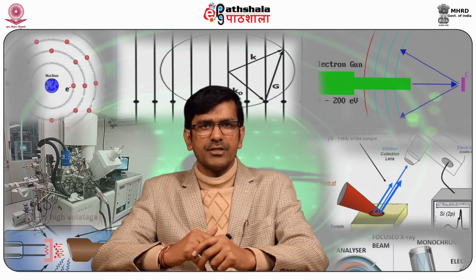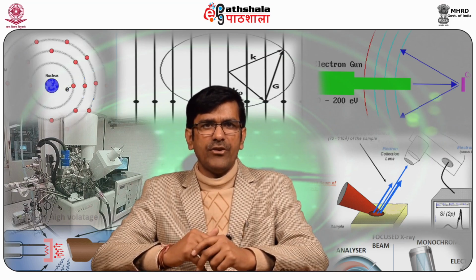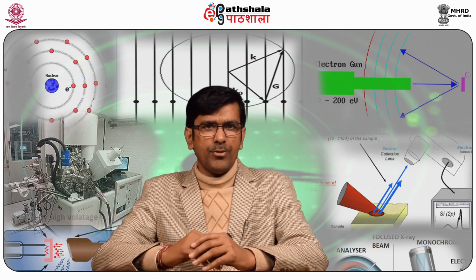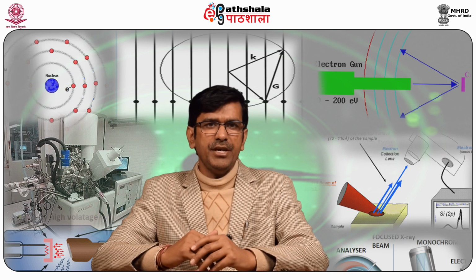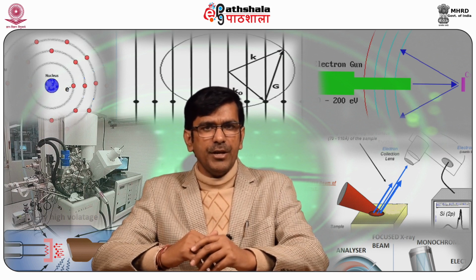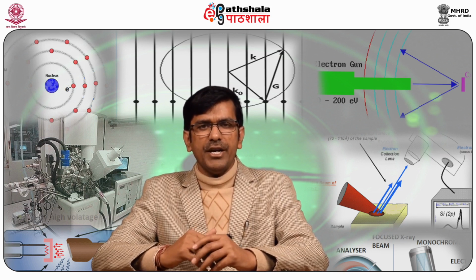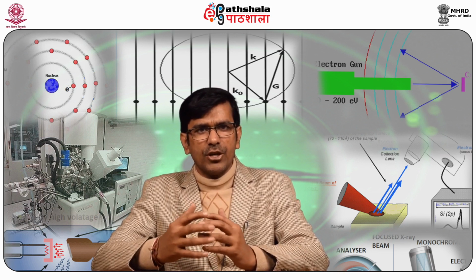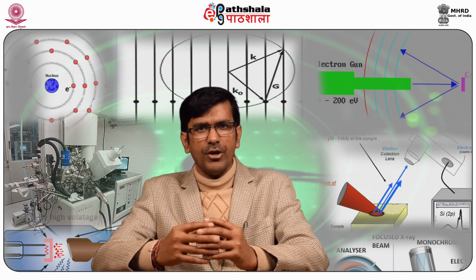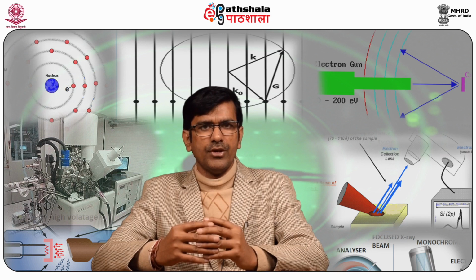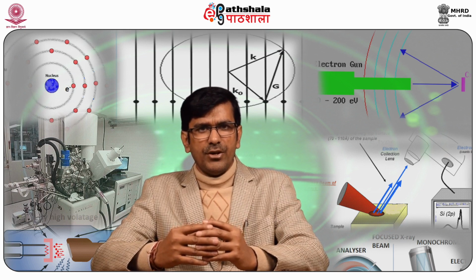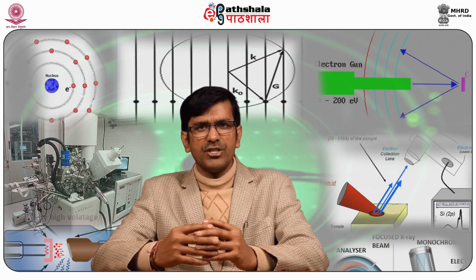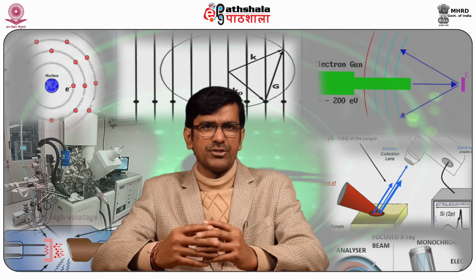Now, students, let's summarize the topics that we have learned today. The plot of photoelectron counts versus binding energy is known as the PES spectrum. In a PES spectrum, binding energy is usually expressed in kilojoules, megajoules, or electron volts per mole. The Russell-Saunders term symbol is used to determine the differences in the initial and final states of the spectral transitions.